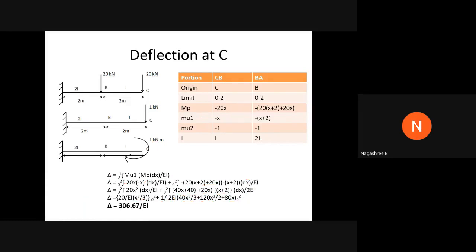So you just integrate all the things. You'll get the value as 306.67 divided by EI. Did you get the same value, all of you? Yes, ma'am.